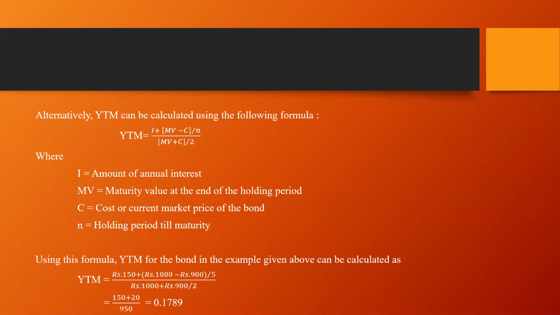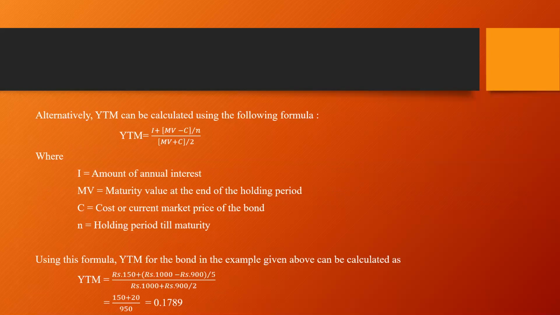So using this formula, by substituting all the values in the question, we know that our interest is 150, the maturity value is 1000, the market price is 900, and it is held for 5 years. So the numerator shows 150 plus 1000 minus 900 divided by 5. The denominator is the maturity value plus the cost or the market value, so 1000 plus 900 divided by 2.